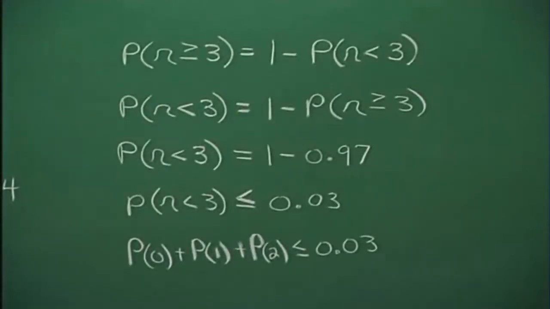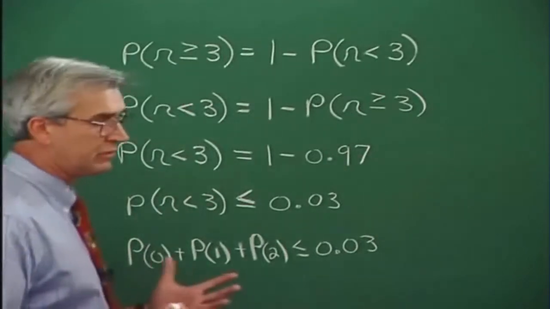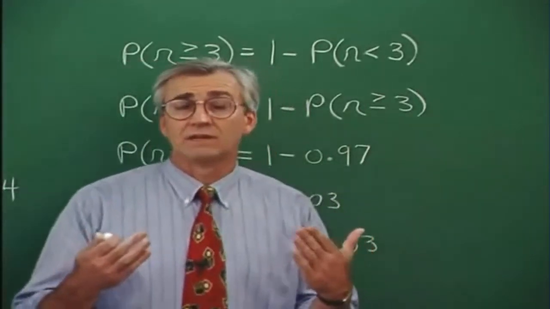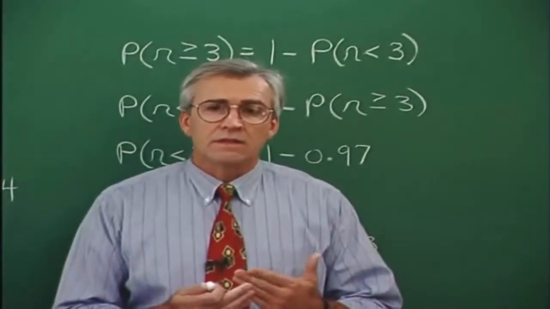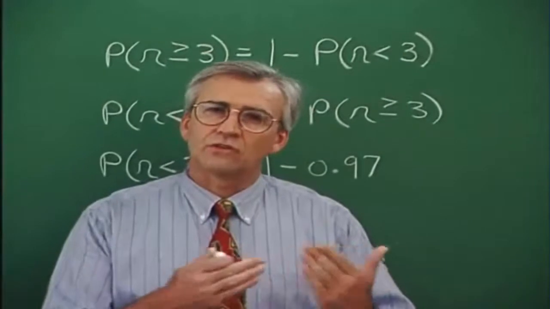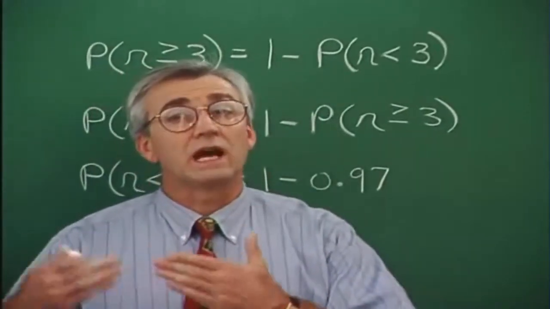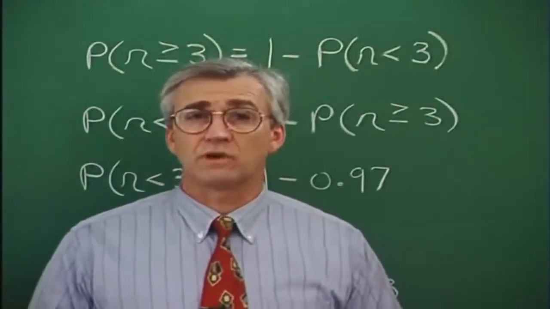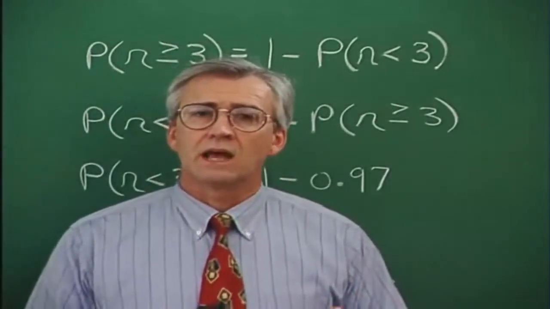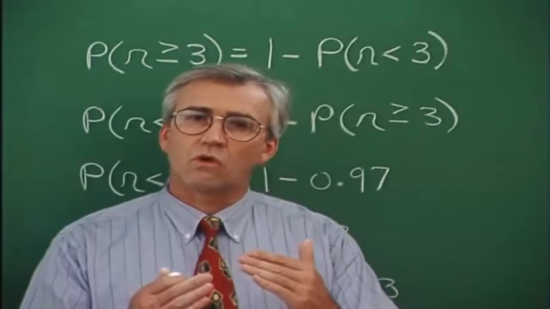If we want to be 97% sure that we have an adequate number of cells working for power to be available, then what about the failure side? Well, it's 1 minus 0.97, or 0.03. And we might take that approach for the calculation.